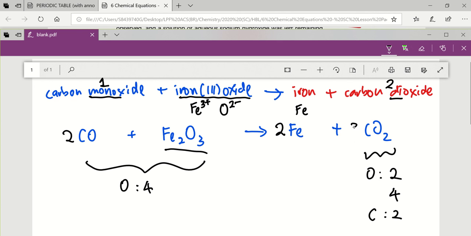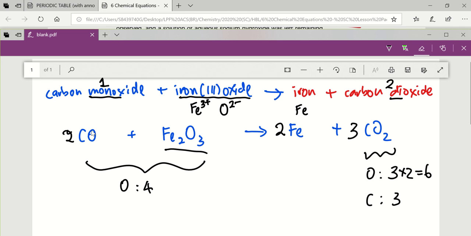If I have 3 carbon dioxide, let us update the numbers again. I will have 3 times 2 equals 6 oxygen. For carbon, I have 3 of them. So in order to balance carbon to have 3, I will need to increase the number of carbon monoxide to 3 molecules.